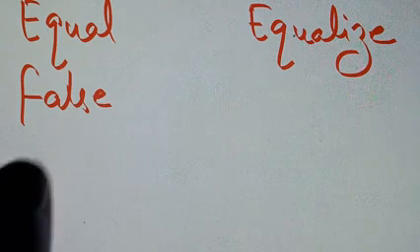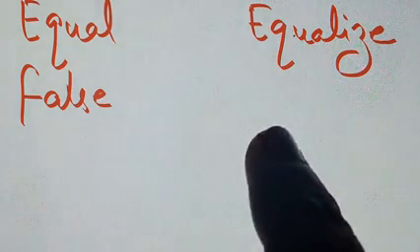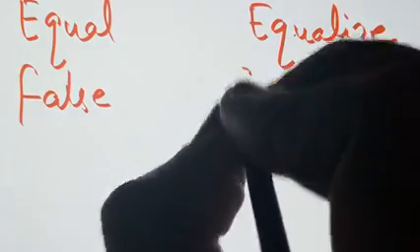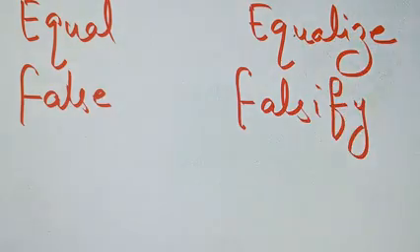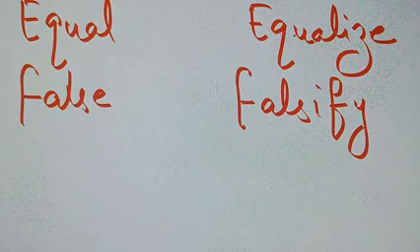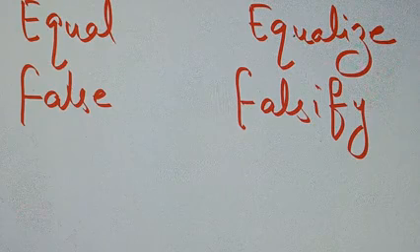But on the other hand, if I have to use it as a verb, it will become falsify. He tries to falsify me. So definitely here I am using it as a verb instead of an adjective.